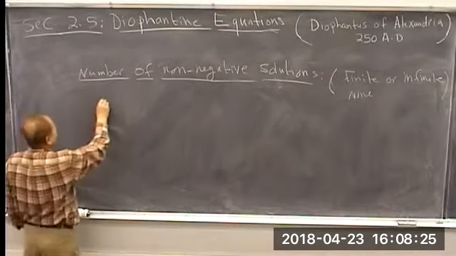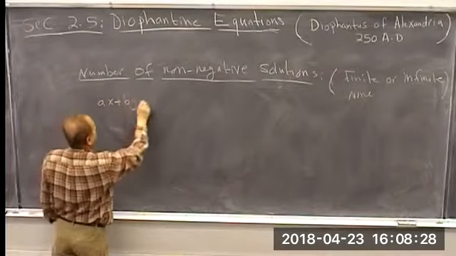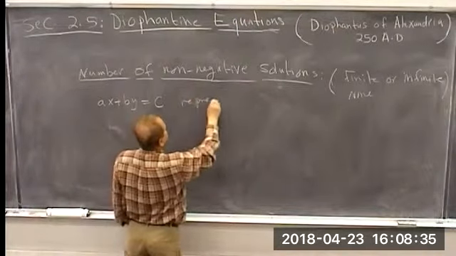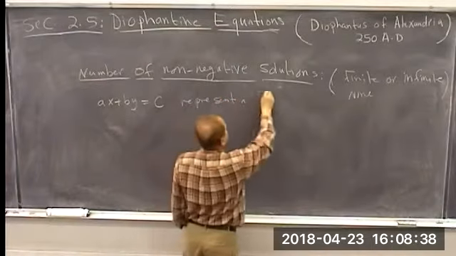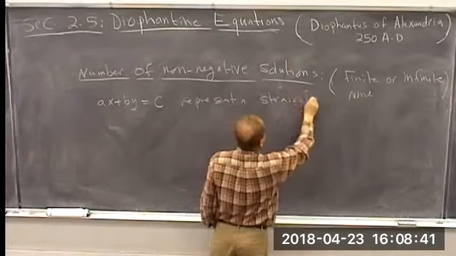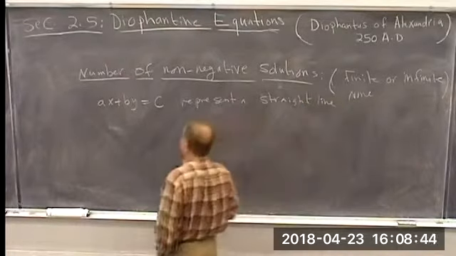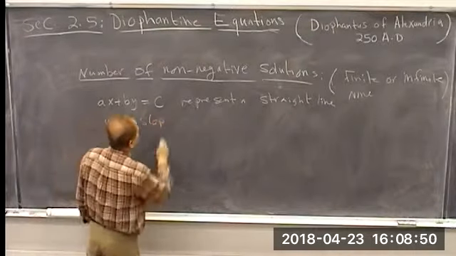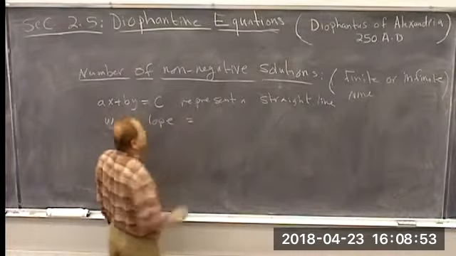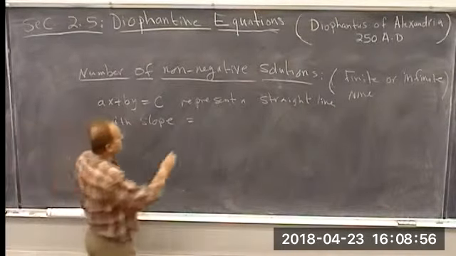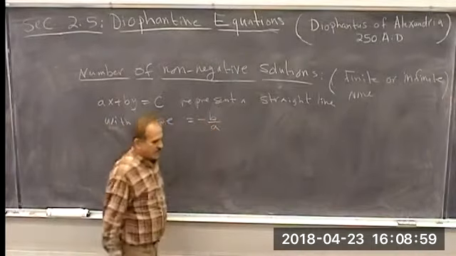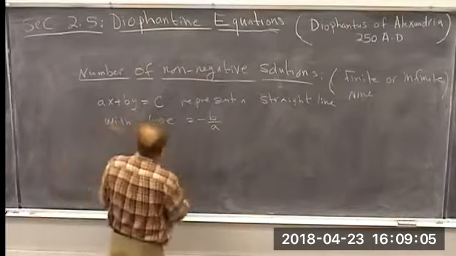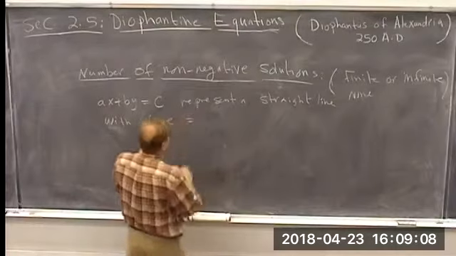Now, in general, we know that ax plus by equals c represents a straight line with slope equal to negative a over b.